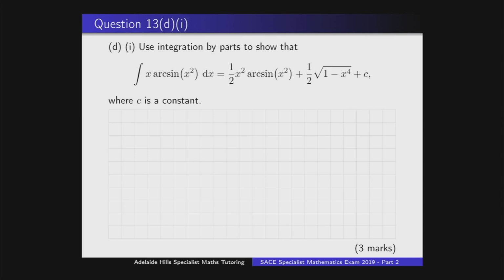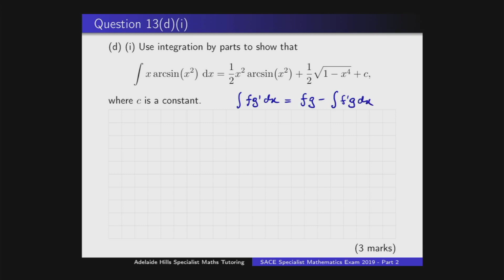Okay, so to do this we're going to need to use integration by parts, and just to remind ourselves, we're integrating some functions f and g, and so if we have f times g prime, that's going to equal f times g minus the integral of f prime times g dx.